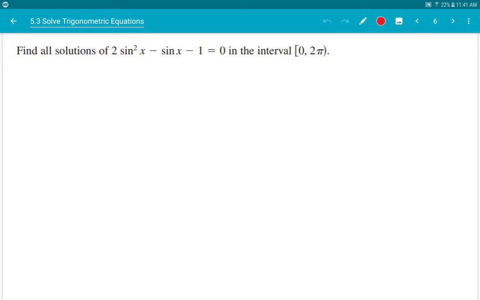Okay, next one. Find all solutions of 2 sine squared x minus sine x minus 1 is equal to 0. Now this one here specifically is giving us an interval, so we don't have to find all of them, we just have to find the ones that are on this specific interval. Notice that it's kind of quadratic form, so we can actually factor this the same way we would normally a quadratic.